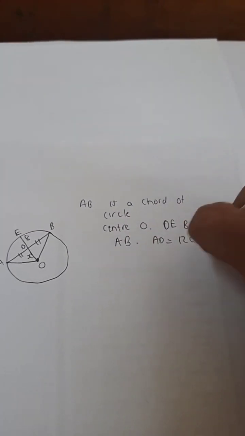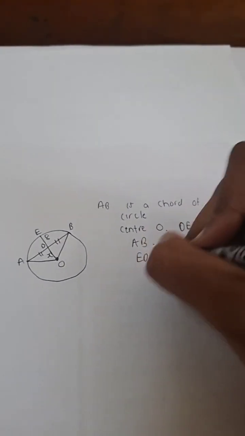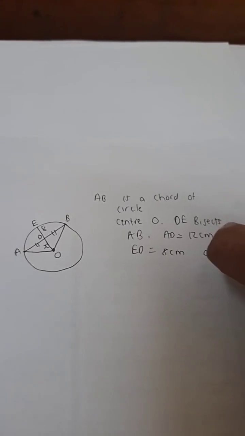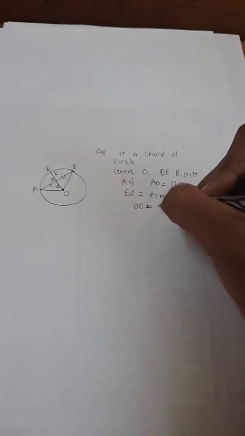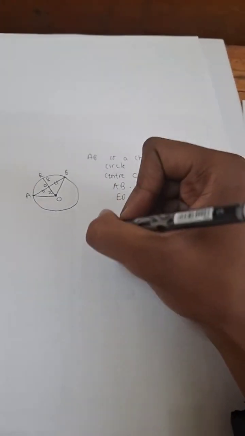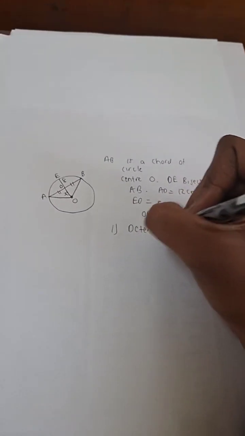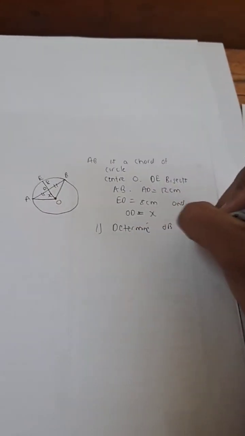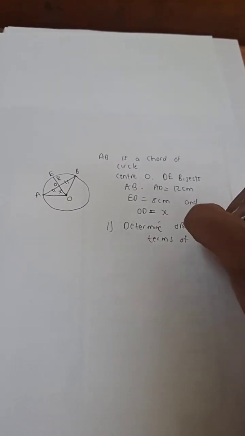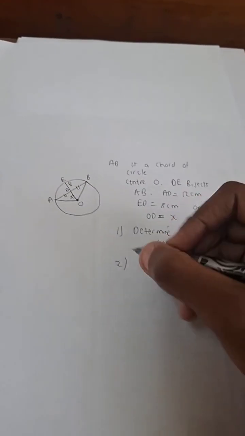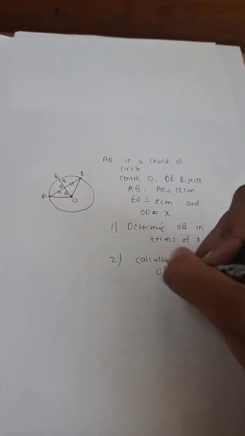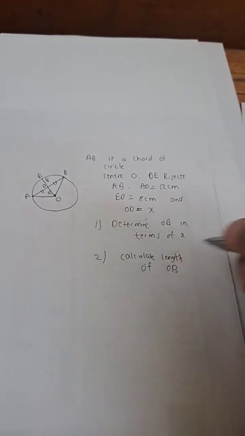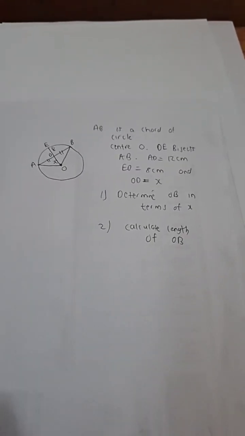AD is equal to 12 centimeters, ED is equal to 8 centimeters, and OD is equal to X. First question, I need you to determine OB in terms of X, to calculate the length of OB. Right. Okay, so I think that's one question you guys can actually do.